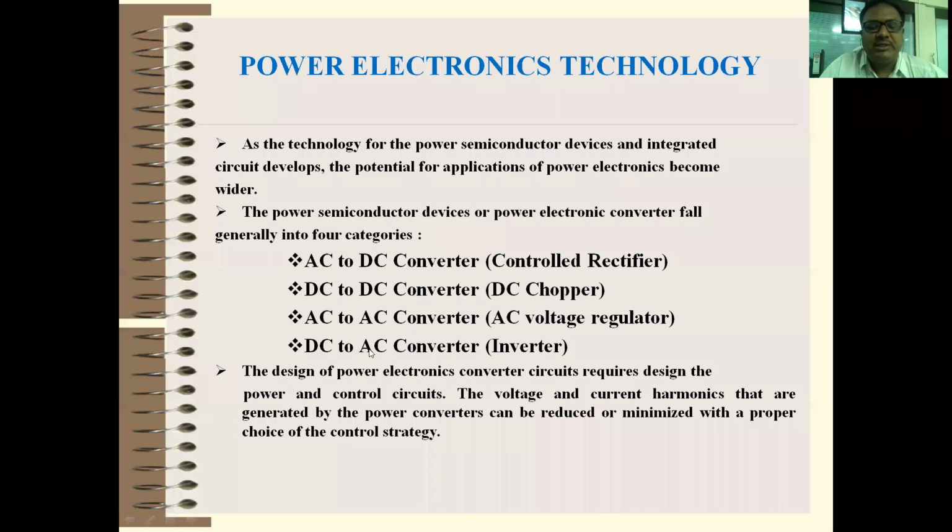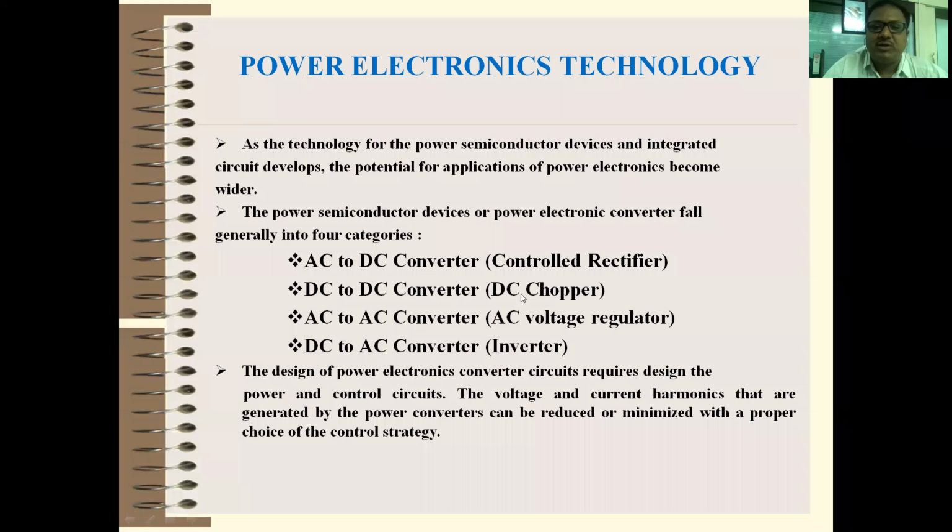And the last one is the DC to AC converter. This is called an inverter. Already we know that everyone, at home or in the institute, is using inverters for backup. So this is the last converter, called the DC to AC converter. So just remember this: AC to DC is called controlled converters or controlled rectifiers.